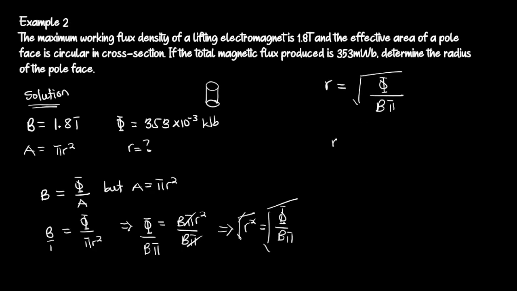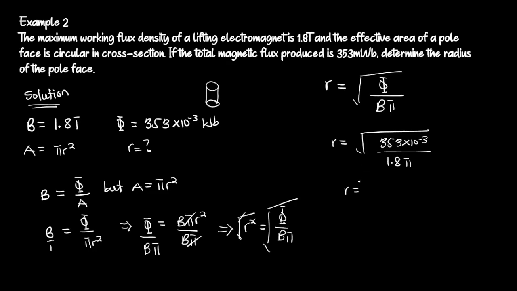Okay, so my radius in this case will be equal to the root of my phi given in this question, which is 353 times 10 raised to the power minus 3, all over the b that I was given, which is 1.8, and then I add the pi to it.